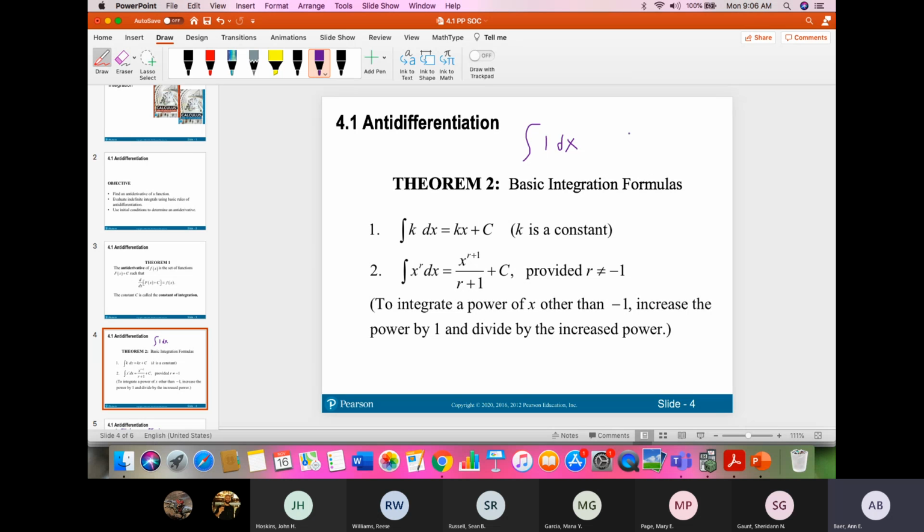What function have we seen that has a derivative of 1? f of x equals what? x squared, 3x, ln of x, e to the x? It would be x.